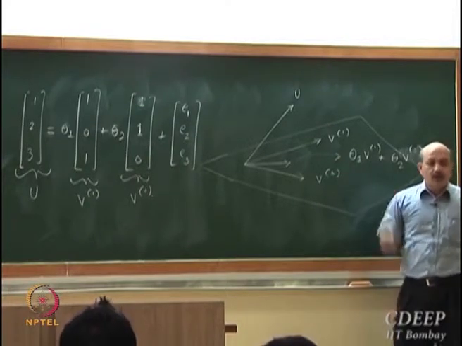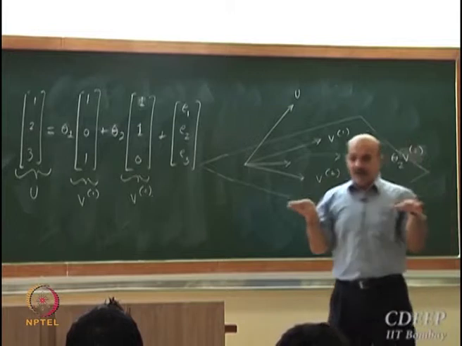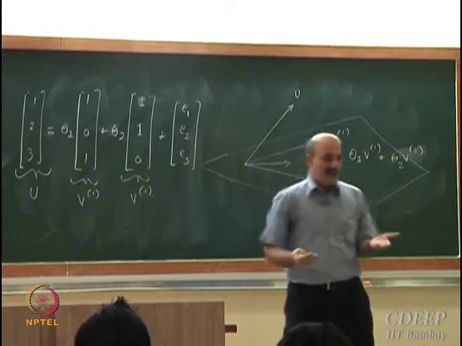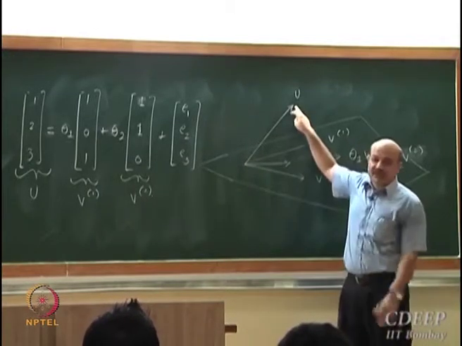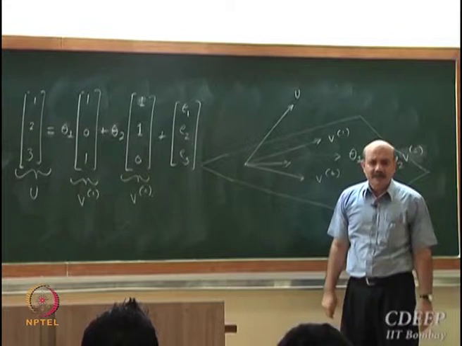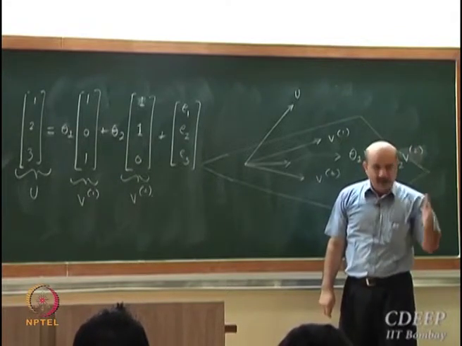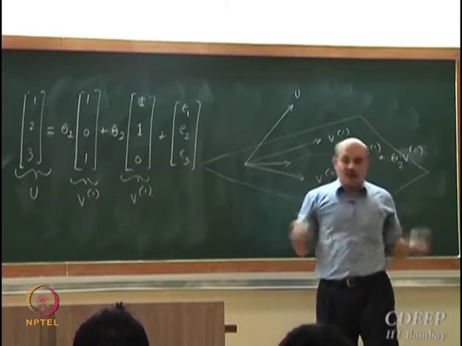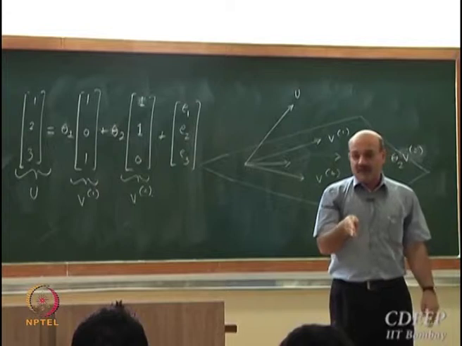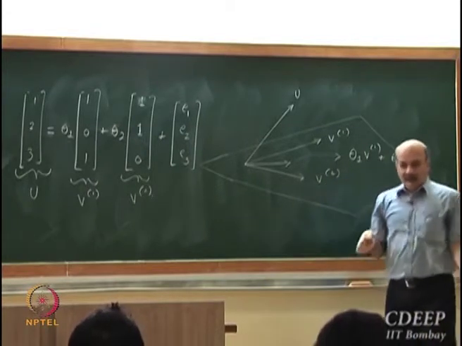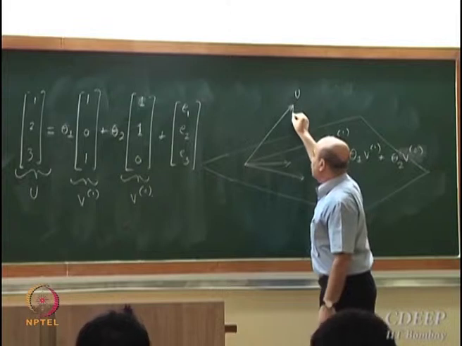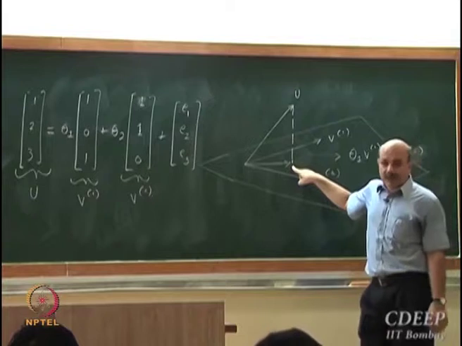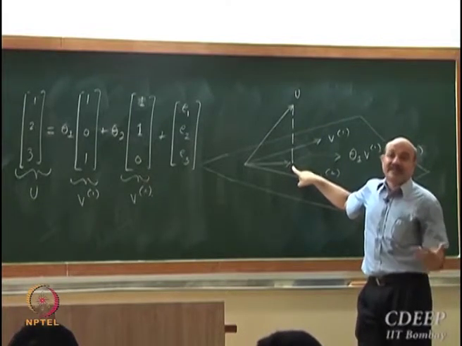Okay. So in your school geometry you have studied this problem: the point which is closest to this vector in this plane. How do you get it? Drop a perpendicular. I just want to show that what we have done till now by so-called least squares is nothing but dropping a perpendicular. The point which you will hit here, if you drop a perpendicular, what is the best approximation in the least square sense?